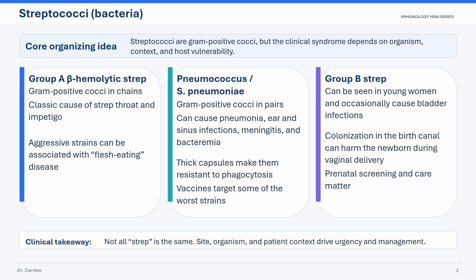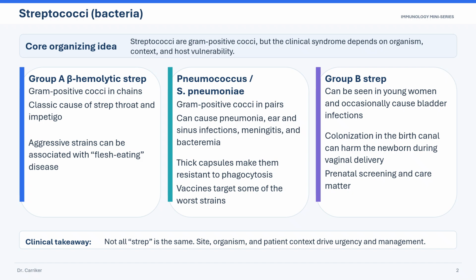This is why they swab the throat, so that they can identify the stain and what bacteria is there. So for Streptococcus pneumoniae, the first-line defense is generally phagocytosis, but unfortunately, as I mentioned, this organism has developed a thick capsule, so it's resistant to that defense.